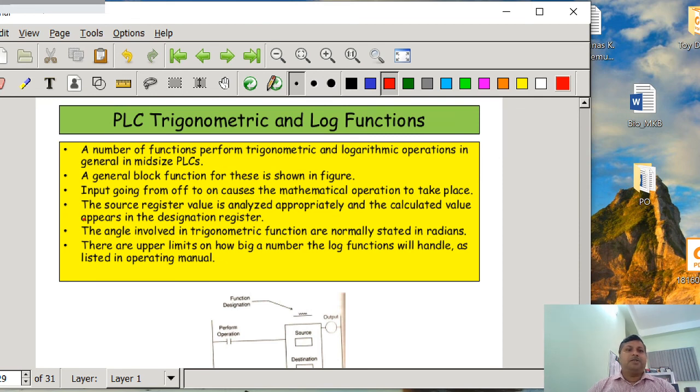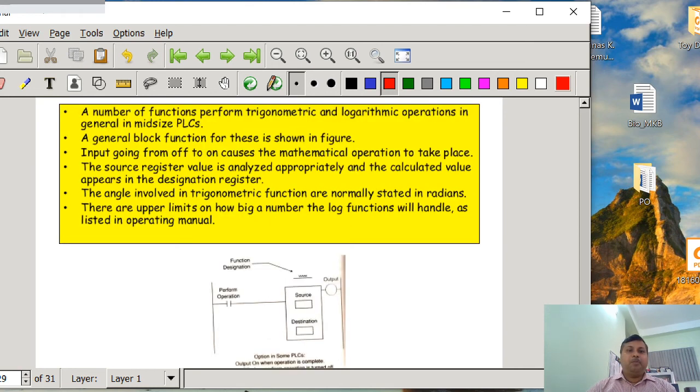Also you will find that PLCs contain some trigonometric and log functions. A number of functions perform trigonometric and logarithmic operations in general in mid-sized PLCs. A general block function for this is shown in the figure. So here is the source, here is the destination, and here the output, and the output will be coded by the function designated. The input going from off to on causes the mathematical operation to take place.